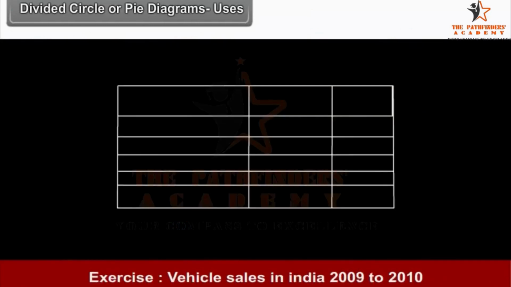Exercise 4. Vehicle sale in India 2009 to 2010. Types of vehicles, number of vehicles, degree. Passenger vehicles 1 crore 94 lakh 9,776, 57 degrees.